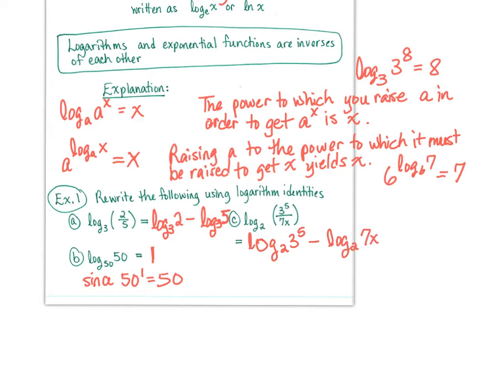We can simplify this further because we have 3 to the 5th, so we can bring the 5 in front of the logarithm using identity 3. You need to make sure you're familiar with your identities. You'll have lots of homework problems to apply them. So you have 5 log of 3 base 2, and then notice that you now have a product, 7 times x.